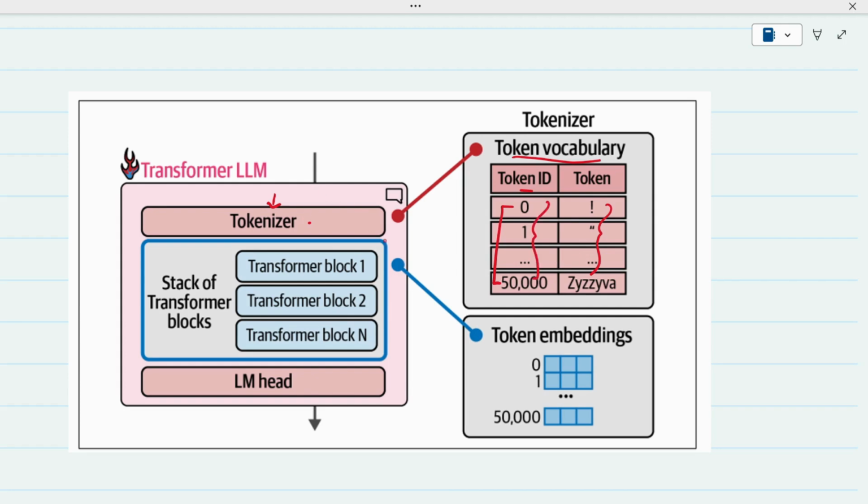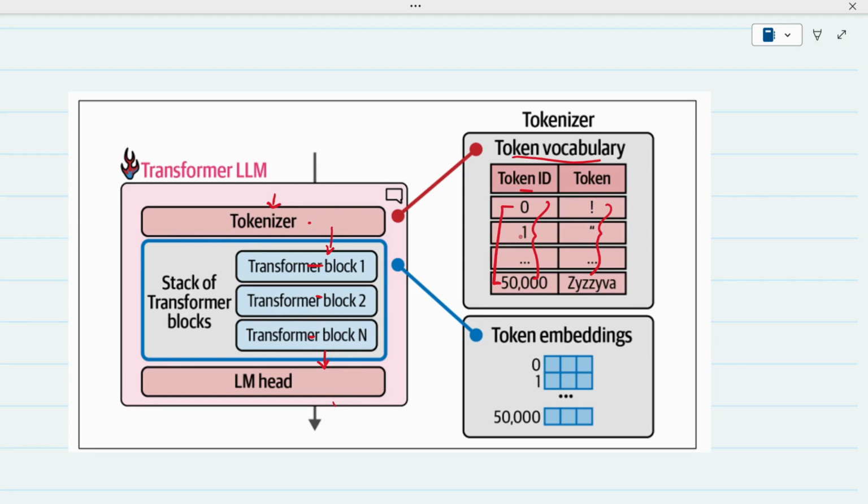Then after the tokenizer there is a stack of transformer blocks, which process those input numbers, or token IDs, and generate context-aware output token IDs. Then we pass that into the LM head, and the LM head processes those tokens and gives us the output.